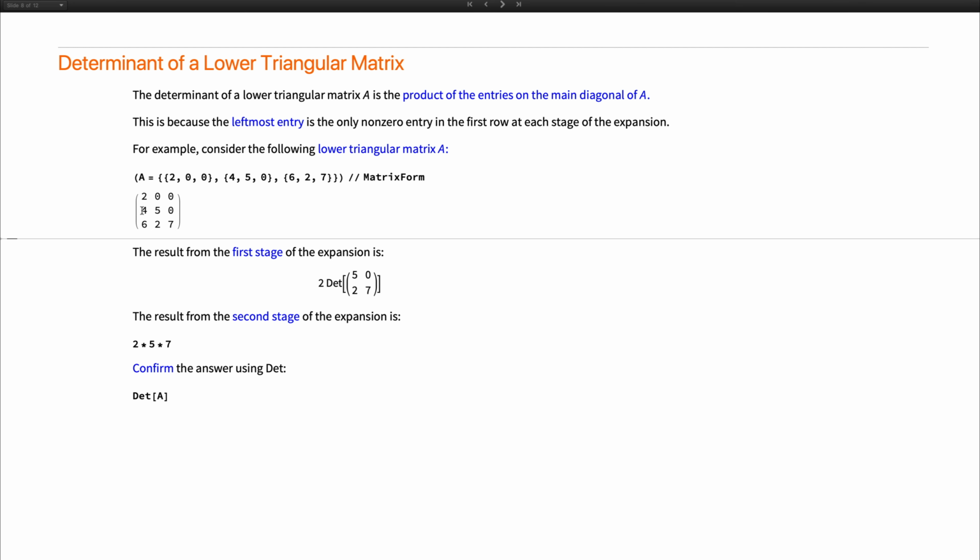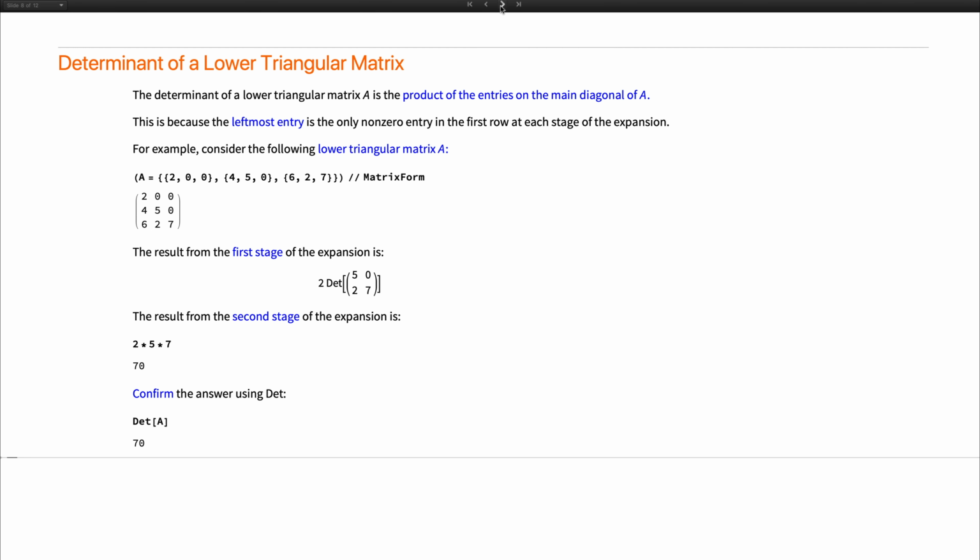You see over here you only have non-zero entries below the diagonal. And if you try and expand out with the first row, then the only non-zero element is 2 over here. Then you get a smaller sub-matrix, which itself has got a simple structure. It's lower triangular. So in the end, you simply do 2 times 5 times 7, you get 70, and you get the same answer from the built-in function det.